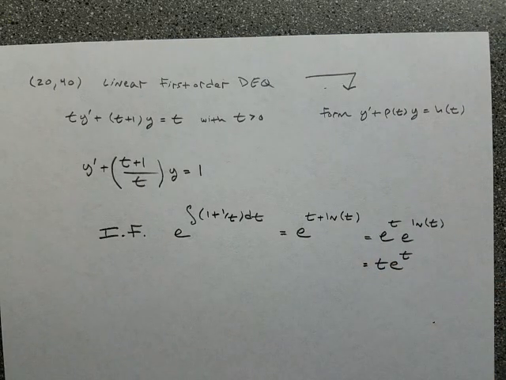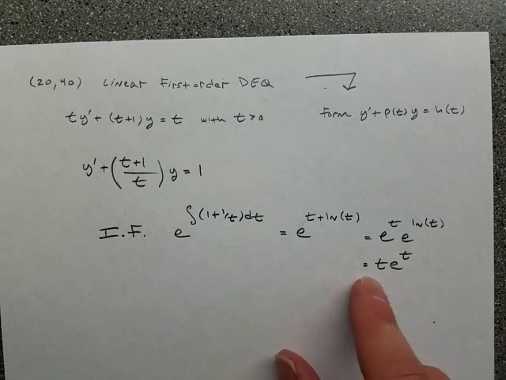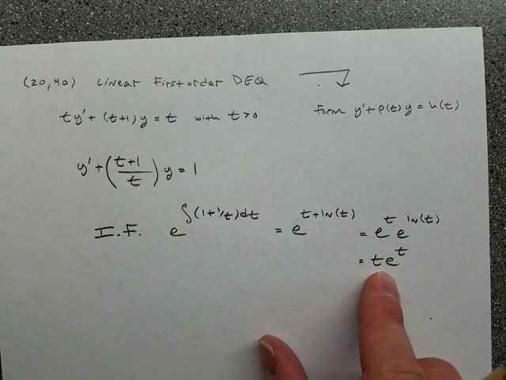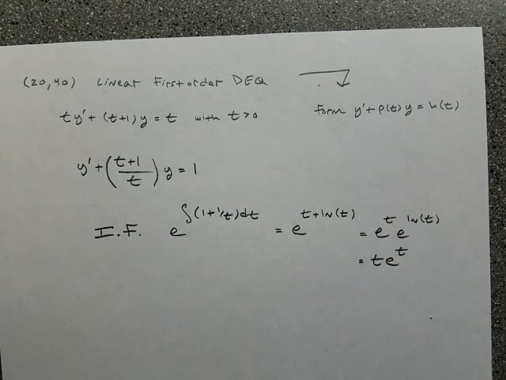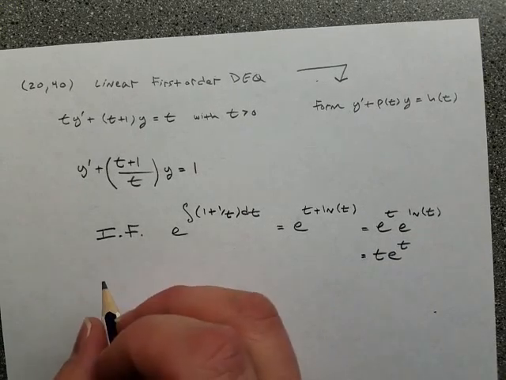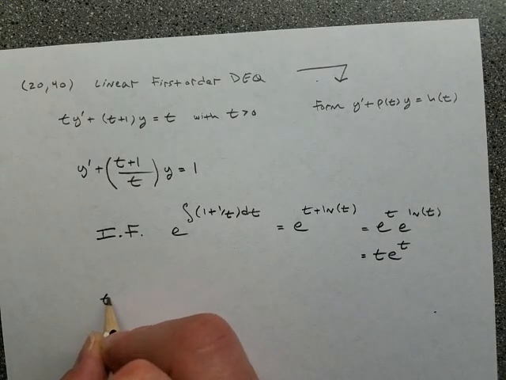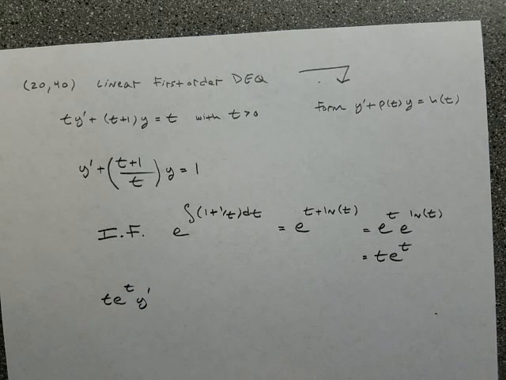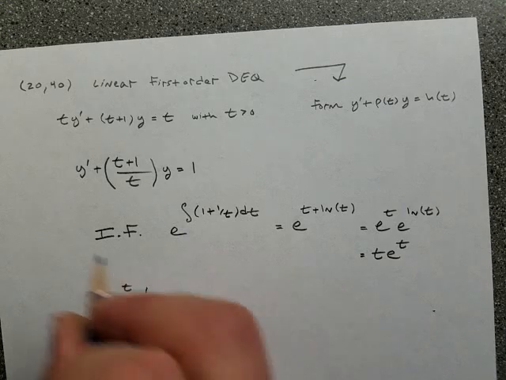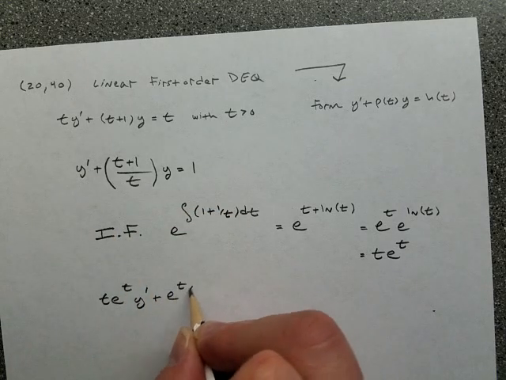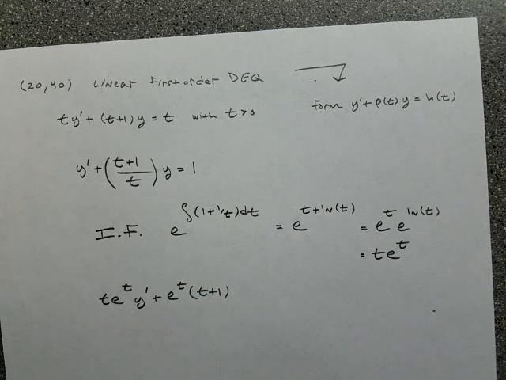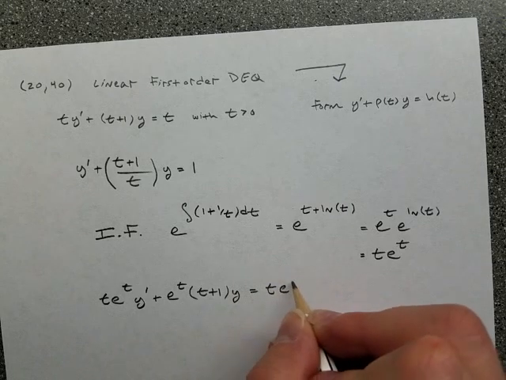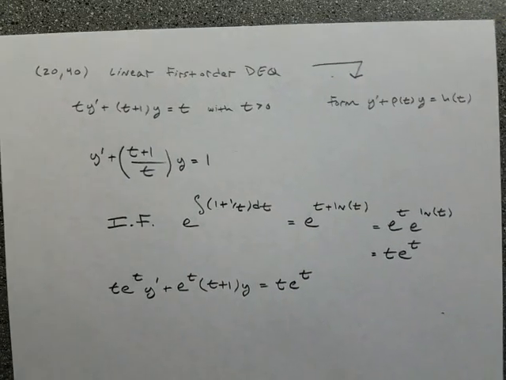That's what you want. Now, say you took our standard form, like this, and multiply everything on both sides by that. That's how you use the integrating factor. If I do that, I'll get t e to the t power y prime, plus e to the t power times (t plus 1), and then times y, equals t e to the t power.